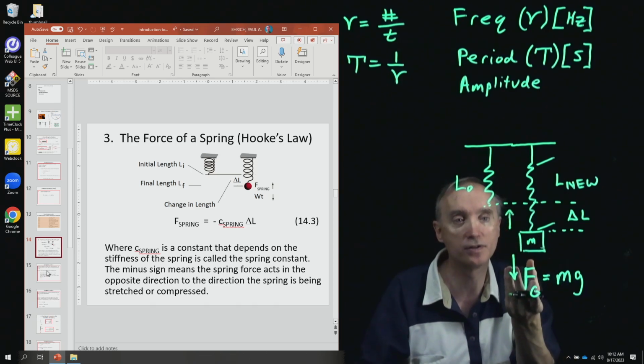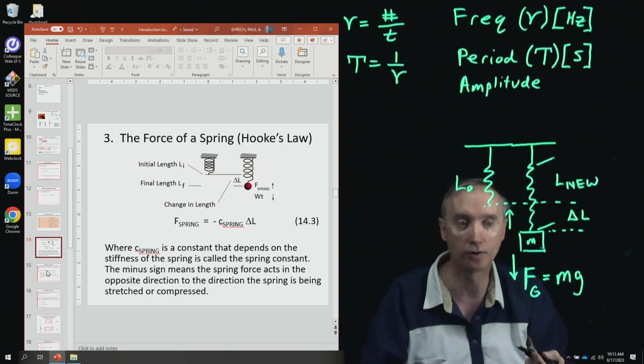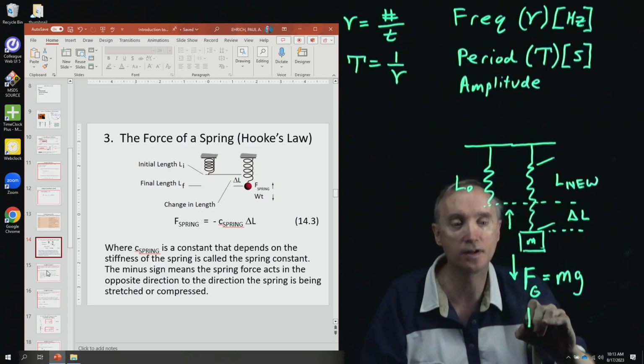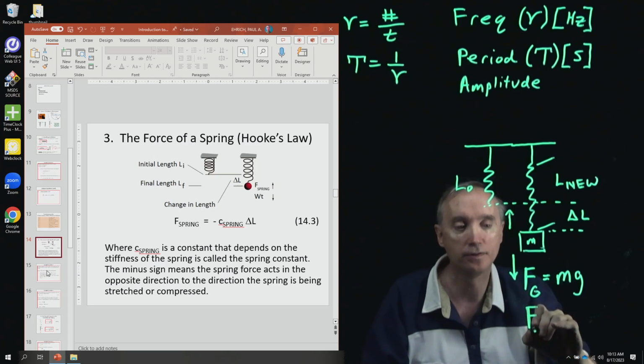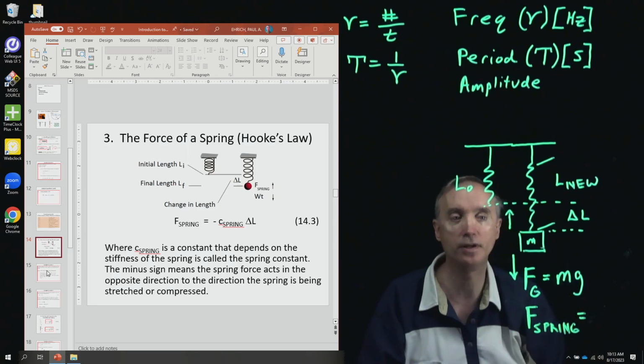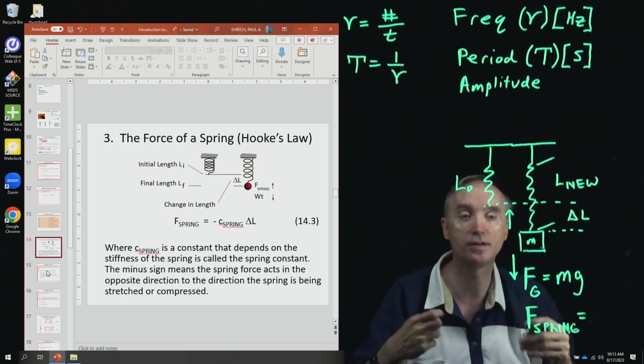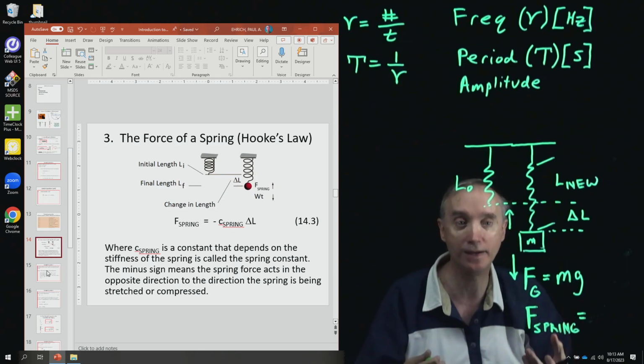The force that's trying to pull this thing up is going to be called the spring force, and it's going to be given by force sub spring. It's going to be equal to a constant that depends on what the spring is made of.